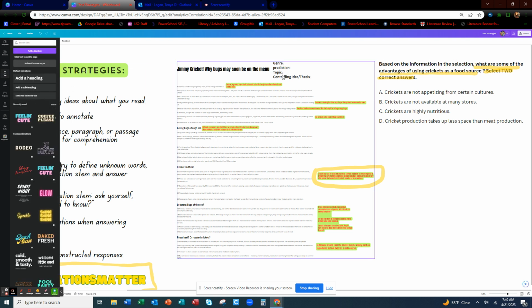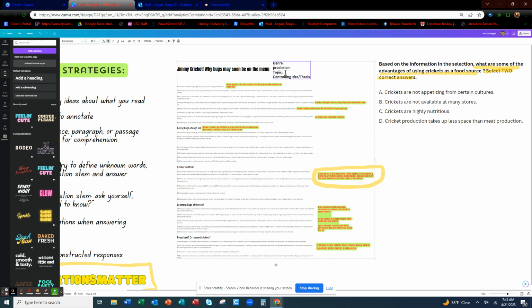Why do I do the topic? I like to note the topic because the topic keeps me on track. When I am reading, it helps me to annotate for my key ideas. My key ideas are going to come from my topic, okay?